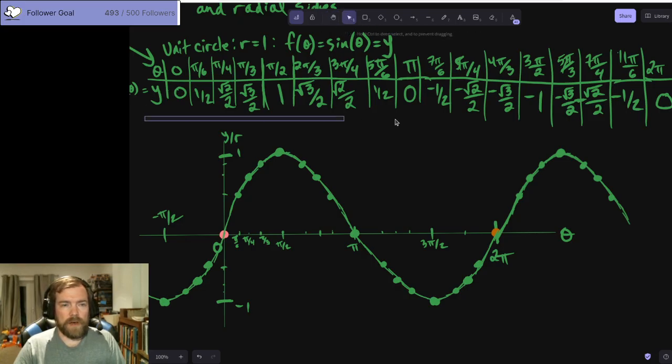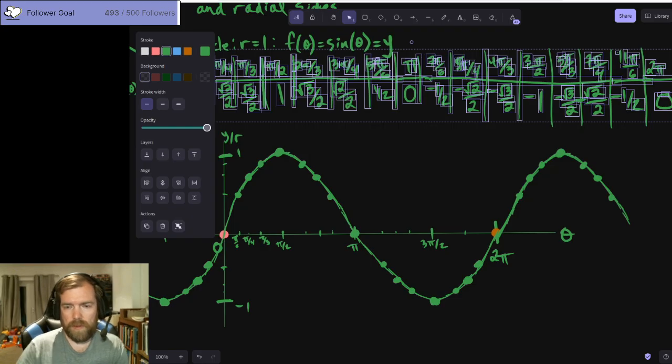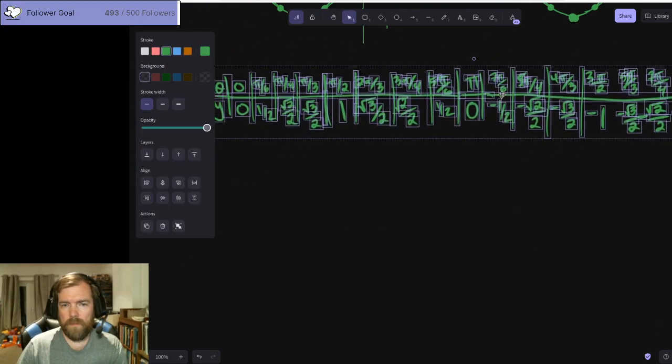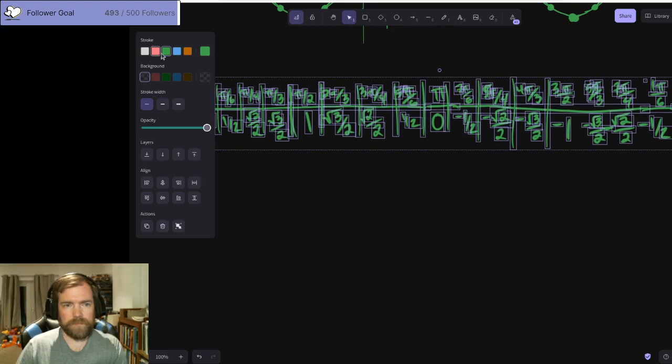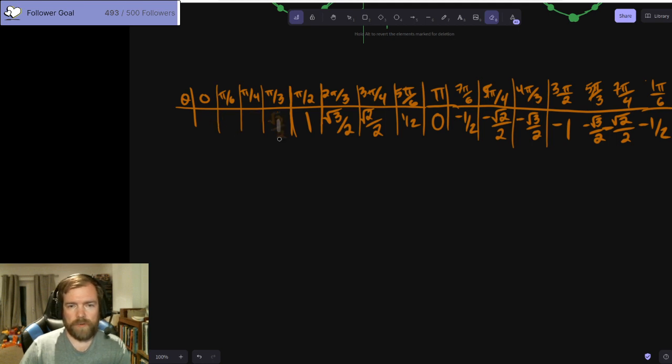Okay, well, this also means that we could go through and do exactly the same thing, but now, instead of our y values, what if we did the other trig function that you might be thinking of?